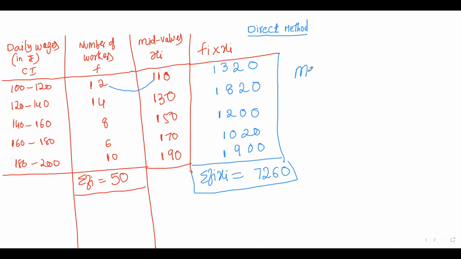Now, mean in direct method. In direct method, mean formula is sigma fi xi by sigma fi.